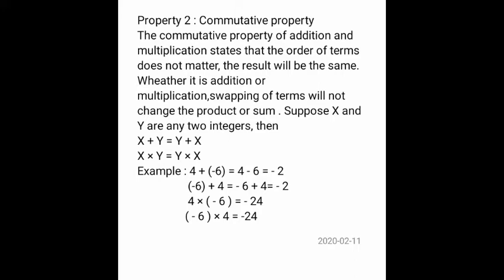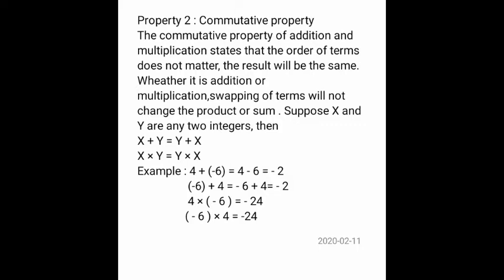For example, if we add 4 and -6, we get -2, and if we add -6 and 4, the result is also -2. Therefore, commutative property is valid under addition. In the case of multiplication, we get x into y equals y into x.